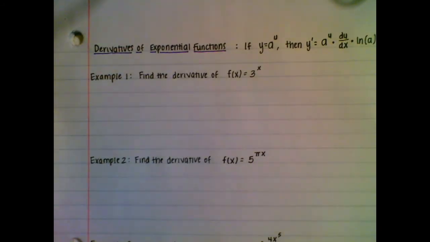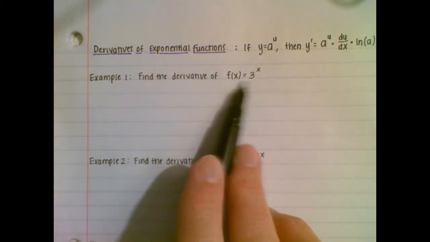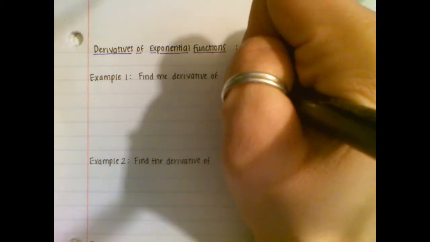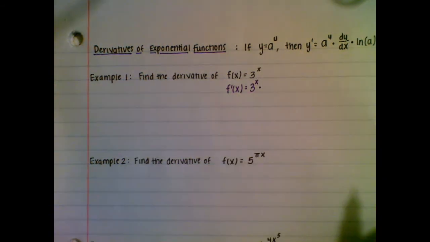So we'll look at just a couple of quick examples, and then in the next video, I'll talk about the integrals of exponential functions. But using this formula, if we want to find the derivative of f of x equal to 3 to the x, then my f prime of x is going to be, again, just the 3 to the x multiplied by the derivative of your exponent, which again is kind of like the chain rule here.